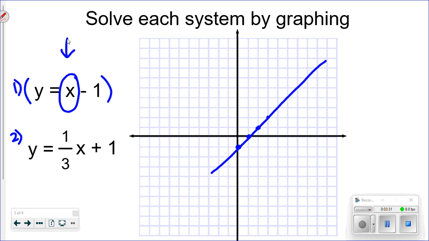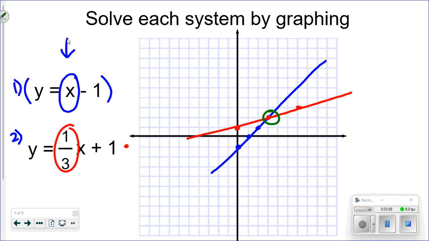My second line I'm going to do in red, and it's 1, so I'm going to start at my 1. And then from there, I'm going to do my slope, and it's up 1 over 3. So from my red dot, it's up 1 over 3, up 1 over 3. This would technically be two intersecting lines, and the place they intersect is right here. Now we have to find the ordered pair of it.